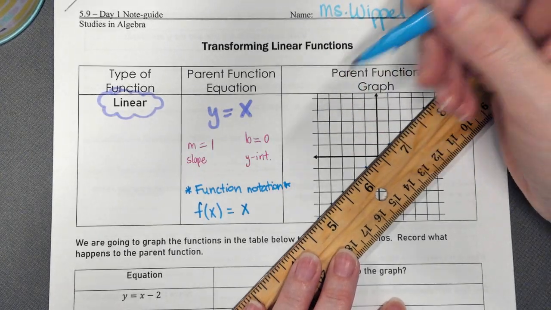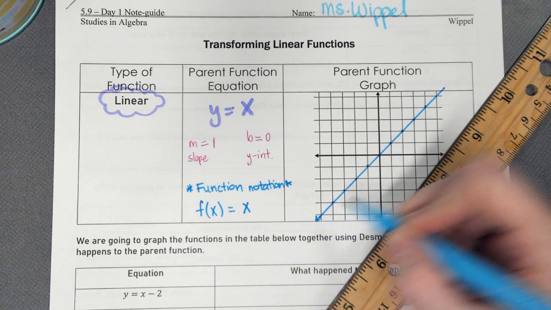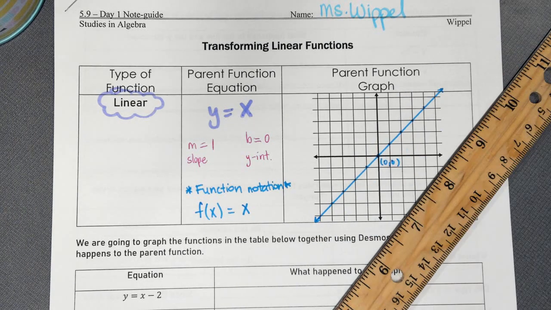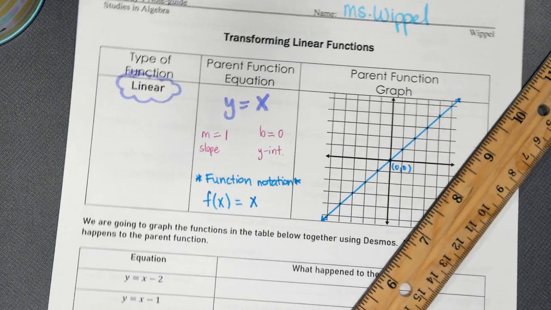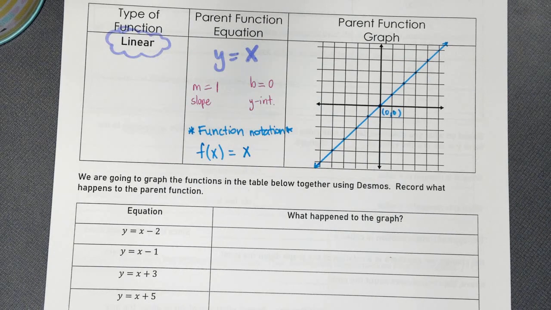Do you guys know the special name that point is? Yeah, the origin. Great, so you start right there at 0, 0. So it goes right through the center of the graph.